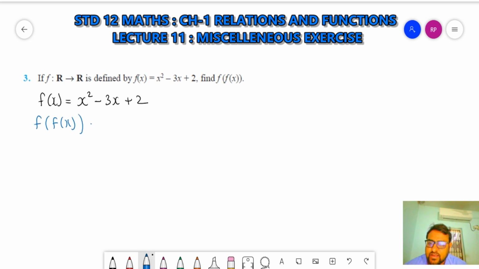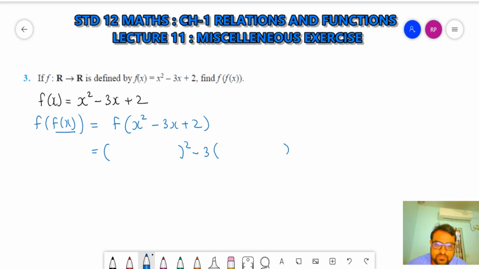f of f(x). So this will be equal to f of, let's put instead of f(x), x square minus 3x plus 2. Clear? Now again f. So I will use this function, instead of x I will put a bracket, a larger bracket equivalent to this size, minus 3x plus 2.